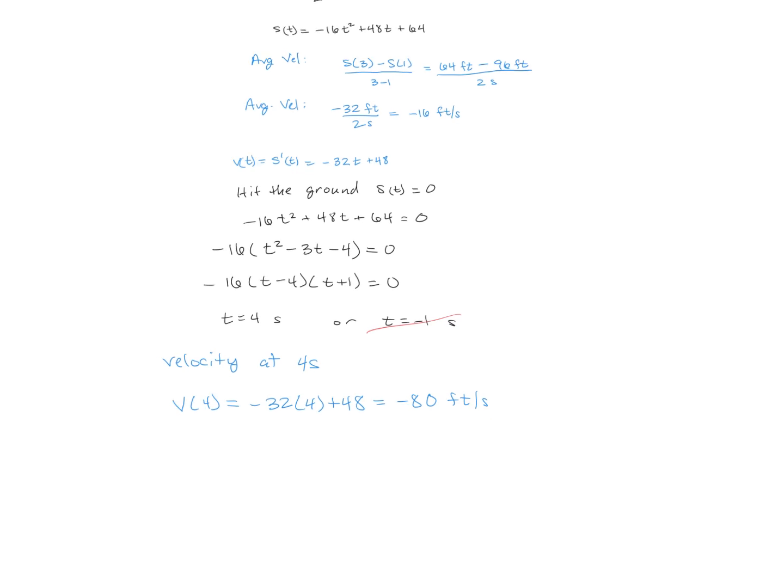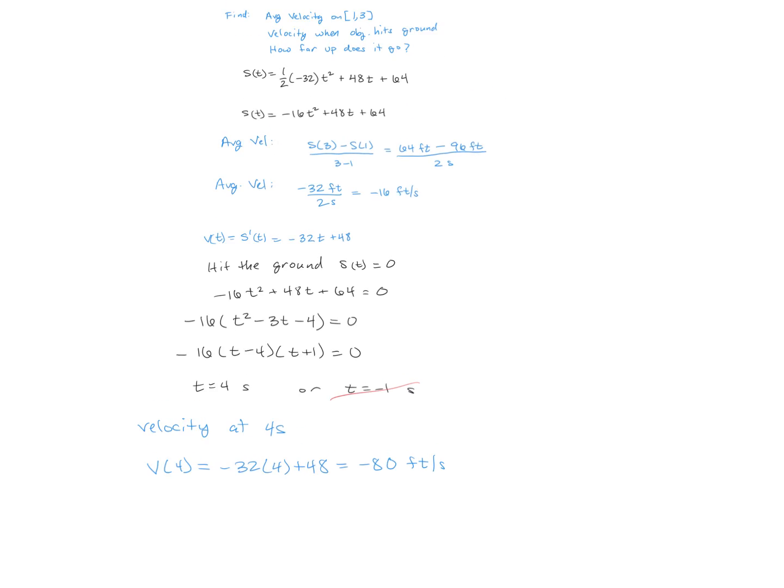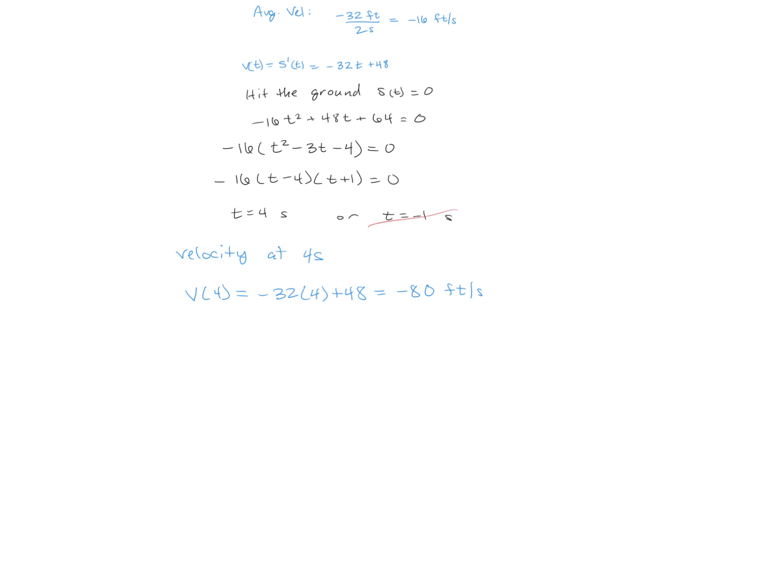The last question in this application is, how far up does the object go? So the last thing we have to figure out is going to be the maximum height that the object goes. Maximum height of the object.